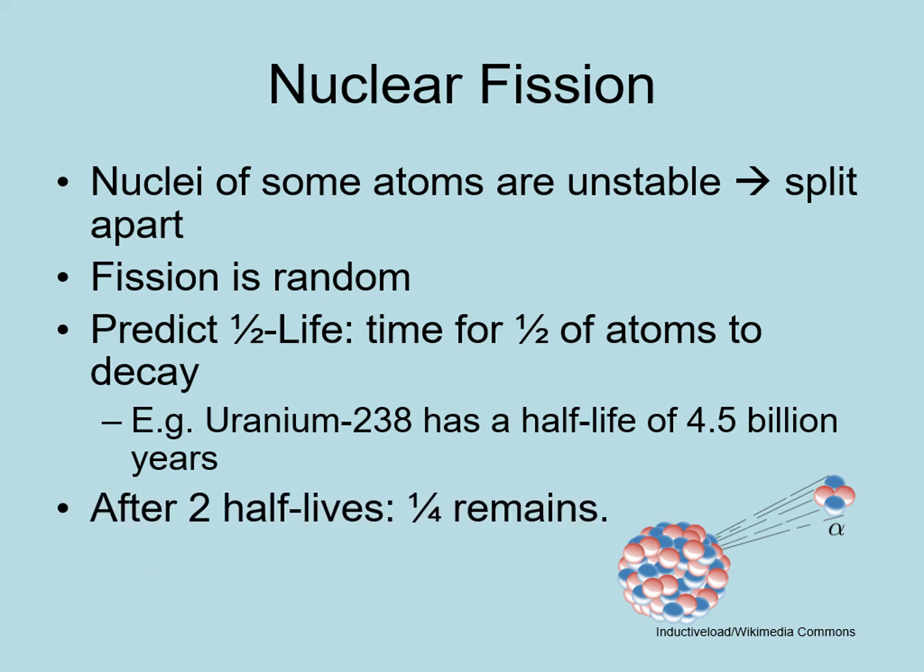If you wait 2 half-lives, then only 1/4 of the uranium will be left. After 3 half-lives, it's 1/8, etc. Half-lives can be any length. While some are billions of years, as for uranium, others can be as little as hours, minutes, seconds, or even tiny fractions of a second.